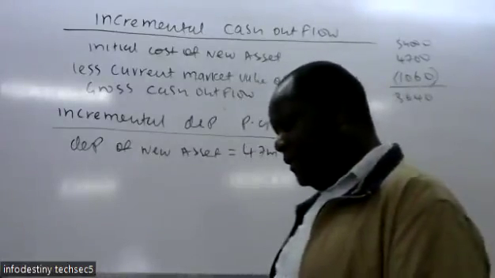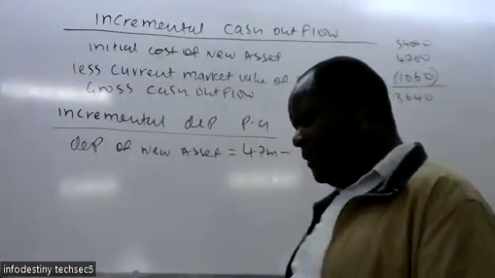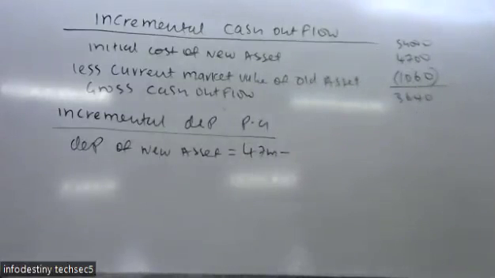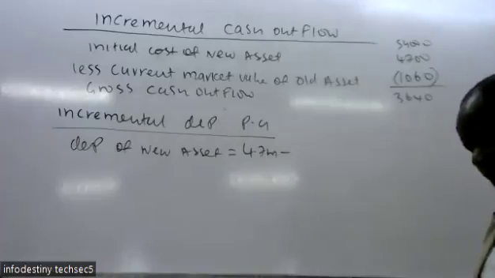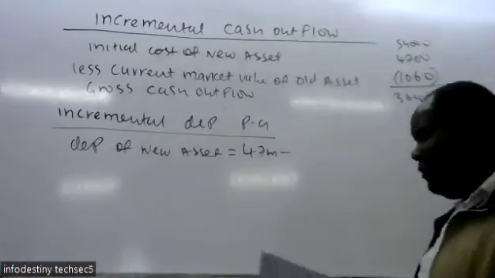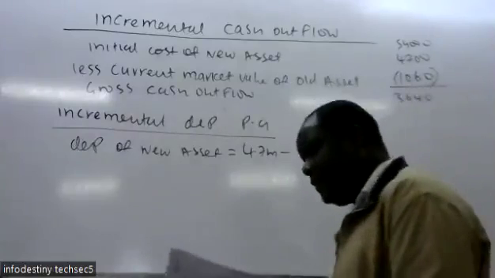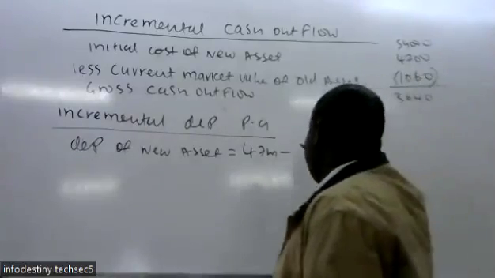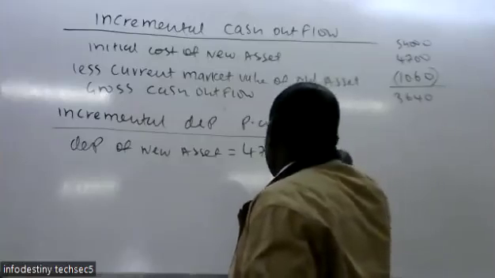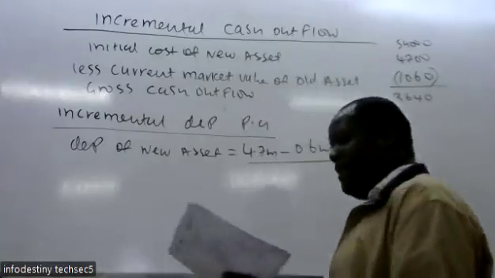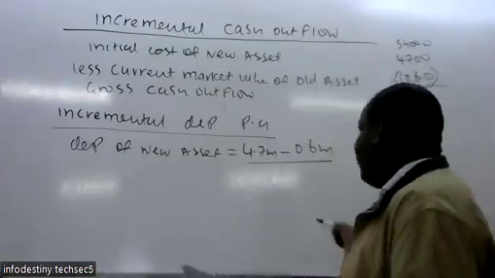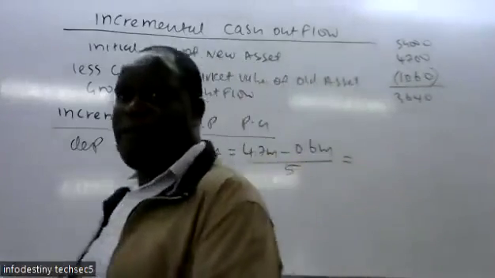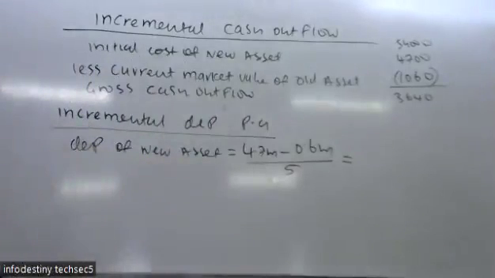The machine is expected to have an estimated market value of 600,000 at the end of the 5 years. So that's now the salvage value of the new machine. So we minus 600,000, which is the same as 0.6 million, and divide by the economic life, which is 5 years.